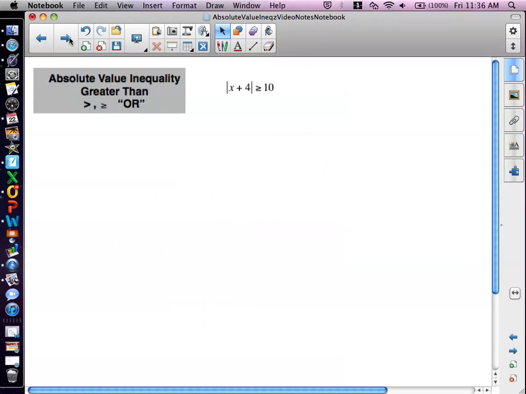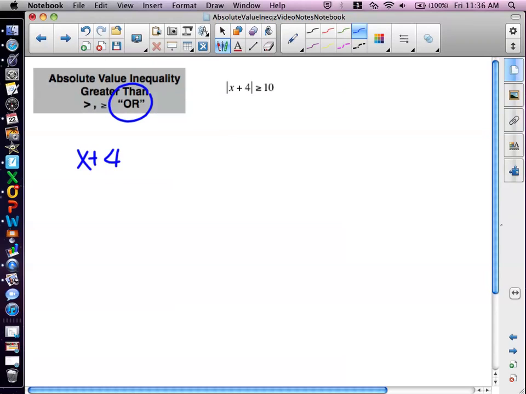Okay, moving to the new topic. Absolute values that are greater than the number that we're comparing them to. And we're going to think of this as an OR scenario. So when I set this up for solving, I have x plus 4 is greater than or equal to 10.